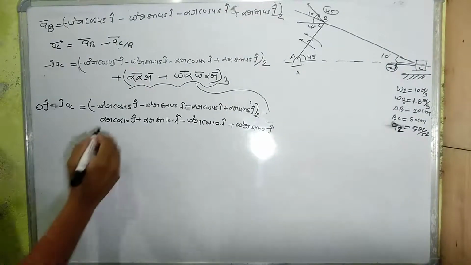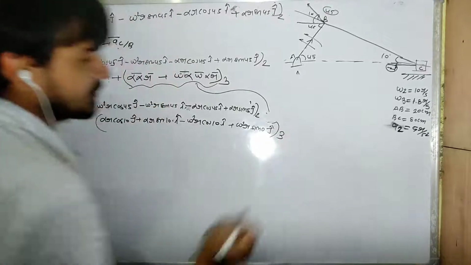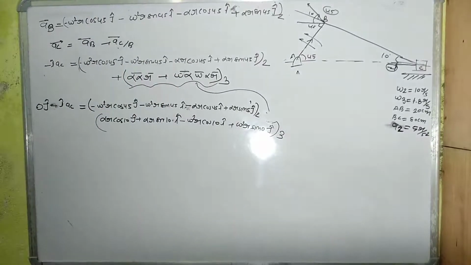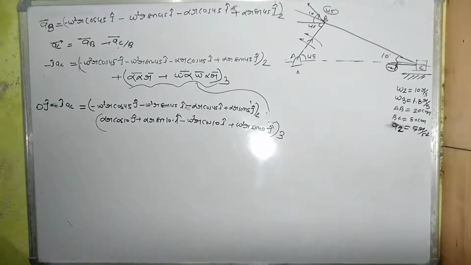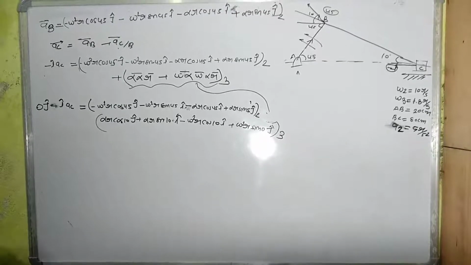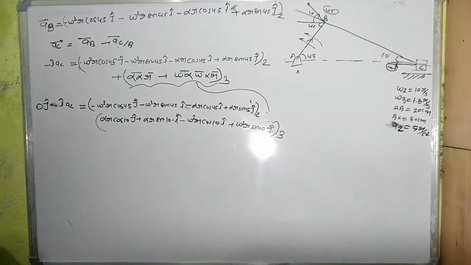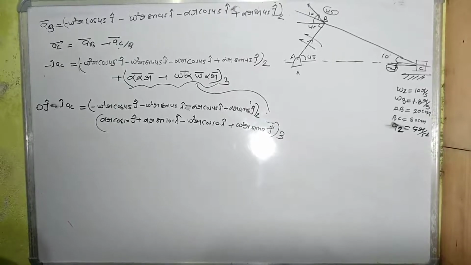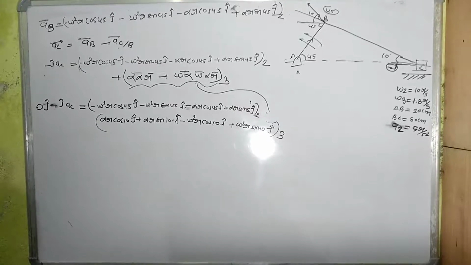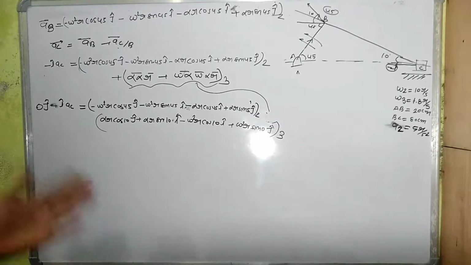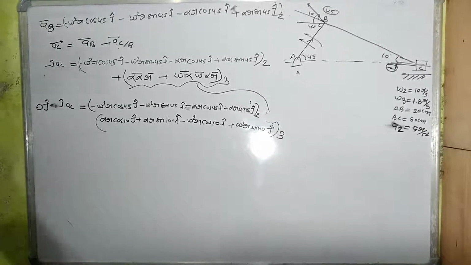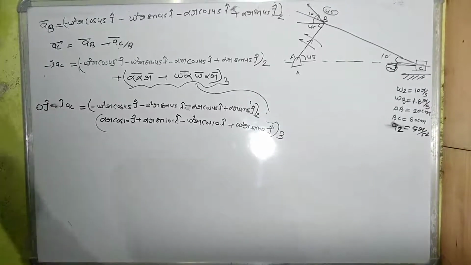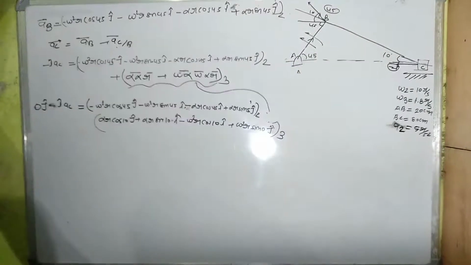Now this is the link for 3. Now we have to compare coefficient of the i and j cap. So how can you compare the coefficient of i j cap? So look at here. Acceleration of C, that means acceleration of the piston actually. Okay, C point is on piston.